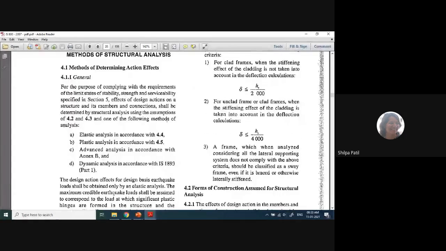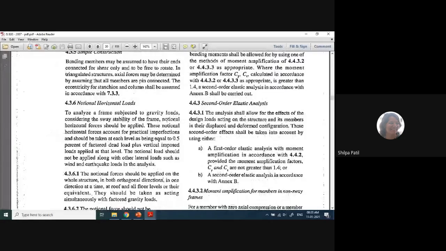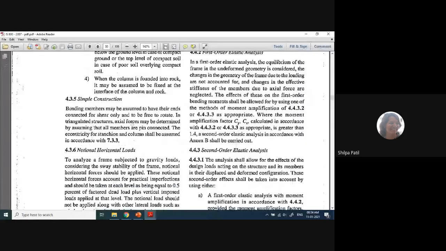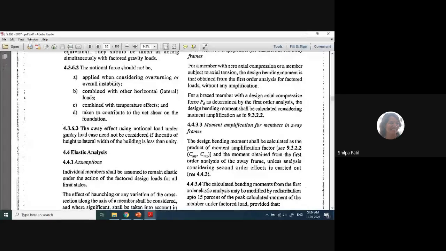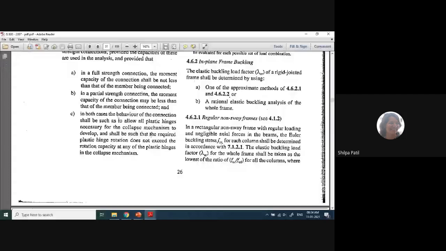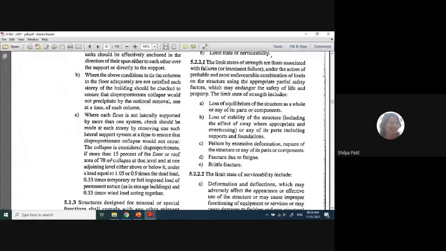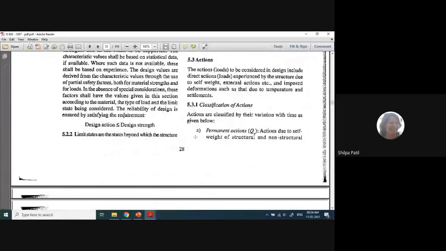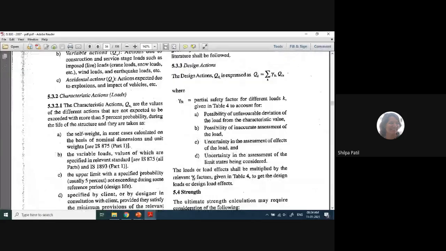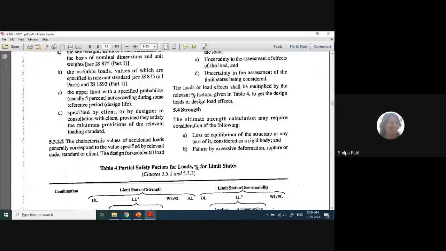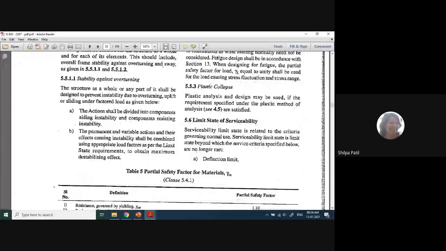Now coming to the analysis methods, the general information regarding analysis: first order analysis, second order analysis. At least you will come to know what is the meaning of these words. What do you mean by first order analysis? So you just go through all these pages. Then limit state design, the definitions, the concept of limit state, then characteristic actions, characteristic load, their definitions, then design load, design actions, their definitions, partial safety factors for steel, for load, and for material.